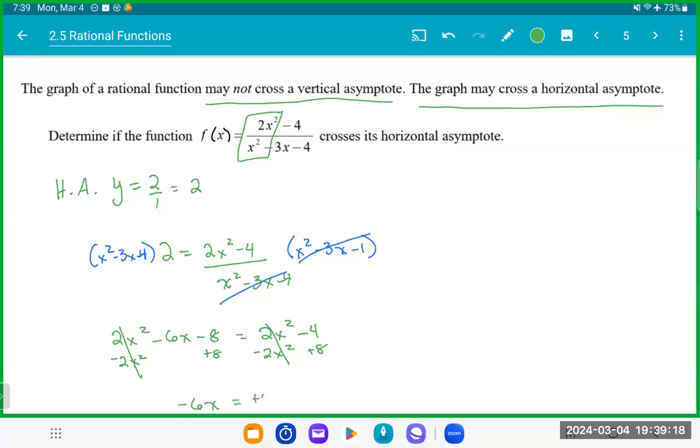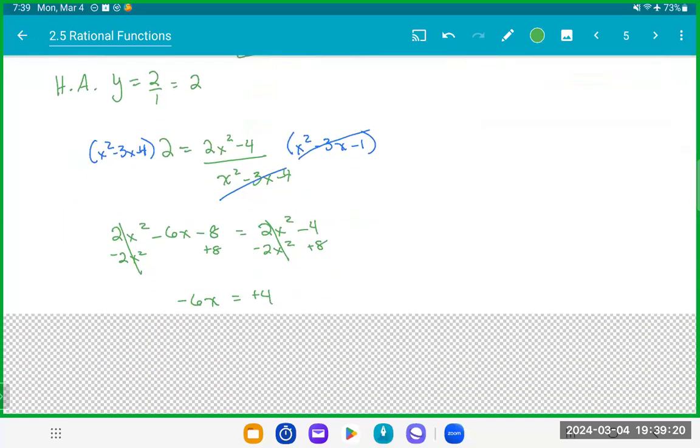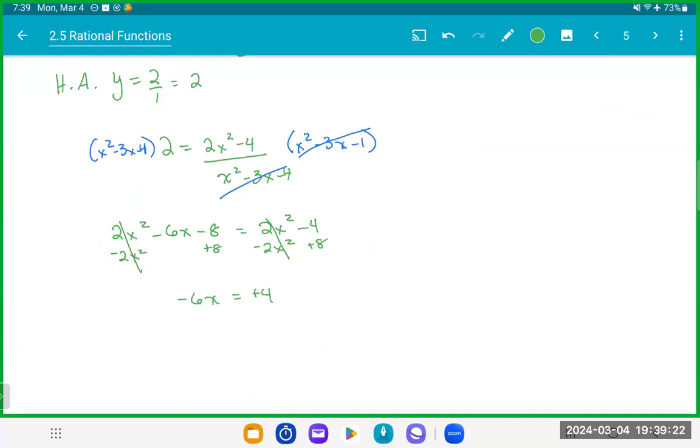And so this is a positive 4. So we can divide both sides by negative 6, and we get that x is equal to negative 4/6, which is negative 2/3. Okay. Since it has a solution, then we can say, yes, it crosses at negative 2/3 too.